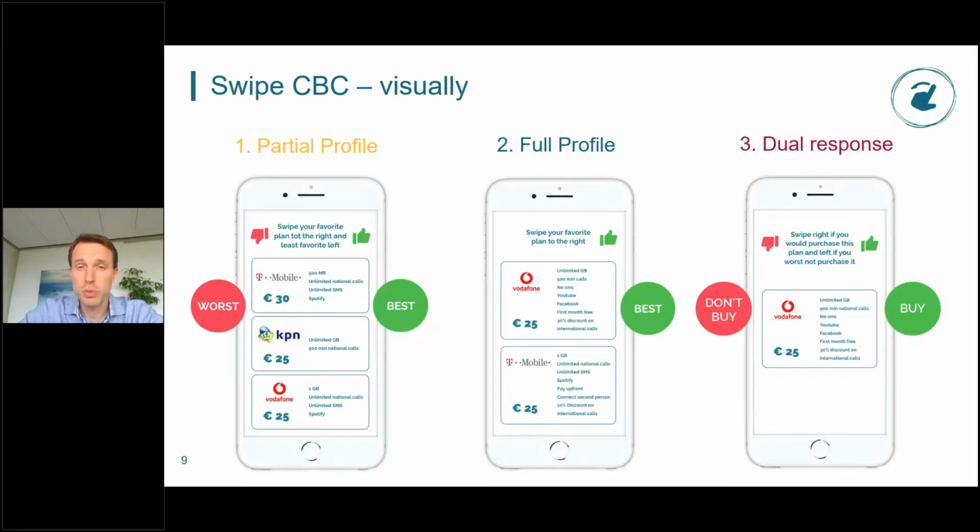And following this full profile, you can ask about the winner: if this product were available in the market, would you actually buy it, yes or no? That would give us information on the none, so that's the don't buy option. So the combination of these 3 will be the concept that we want to test in this survey.